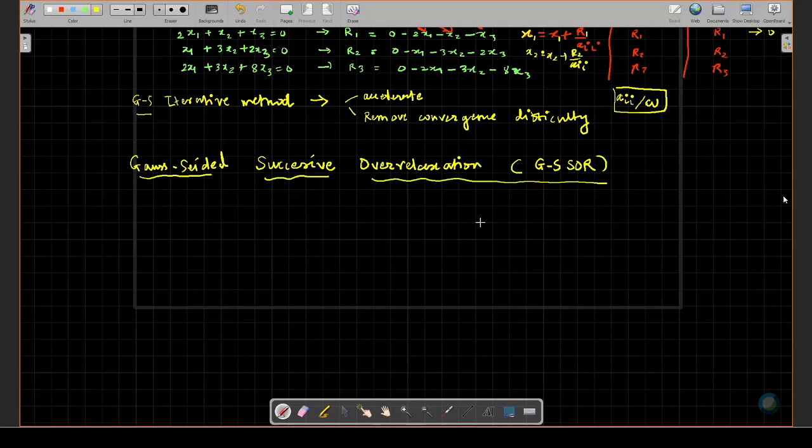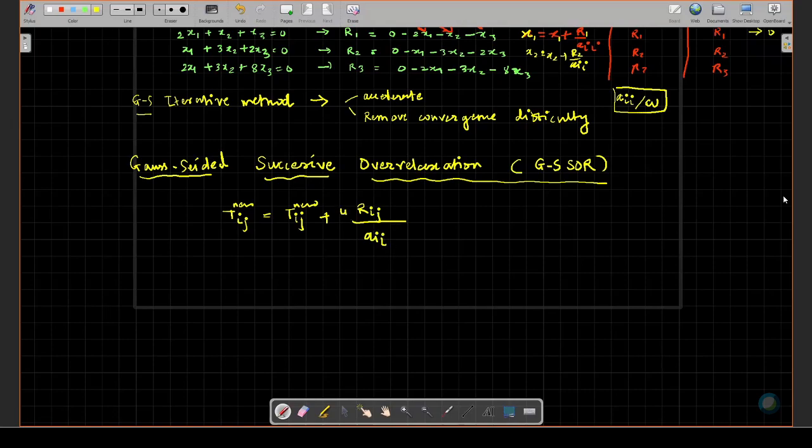Okay, Gauss-Seidel successive over relaxation. In Gauss-Seidel successive over relaxation, what will we do? Simply, whatever algorithm we have given, Tij equals Tij new. This is new, this is also new, this is also new, because new will become old. And we had Rij, and what we have is Aii divided by omega.